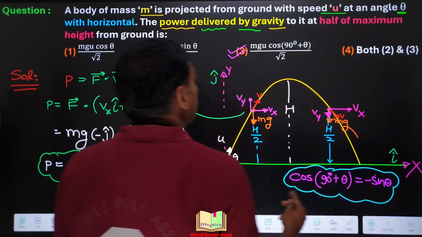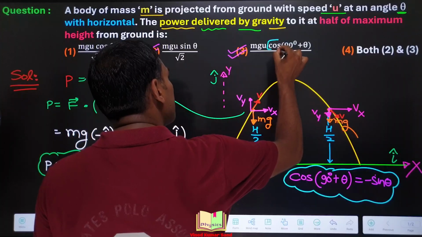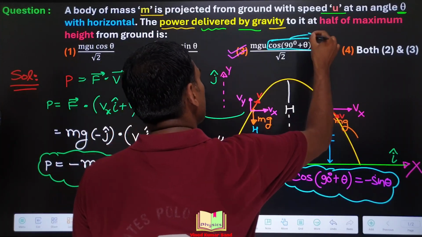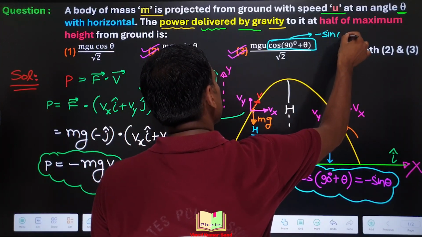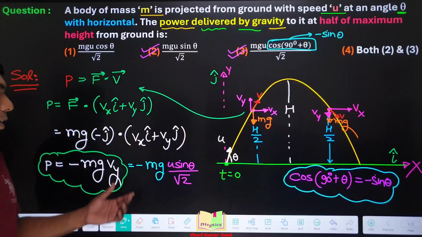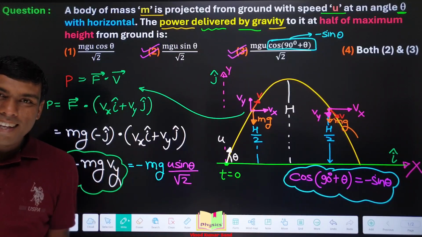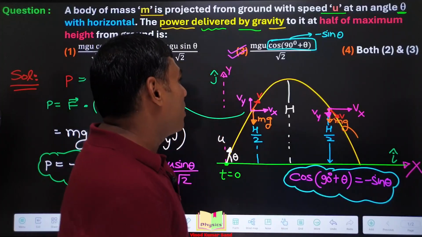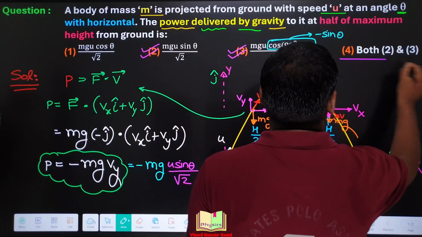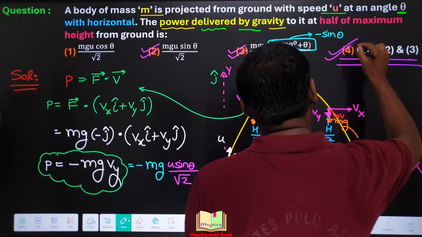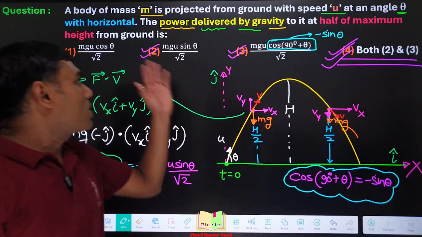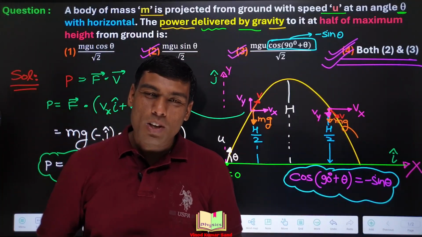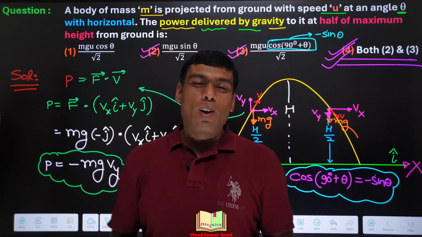So in this option, this cos 90 degree plus theta can be treated as minus sine theta, and we have the option here. So technically the best possible choice for this question should be the fourth option, because both second and third option are feasible. I hope you got the solution.